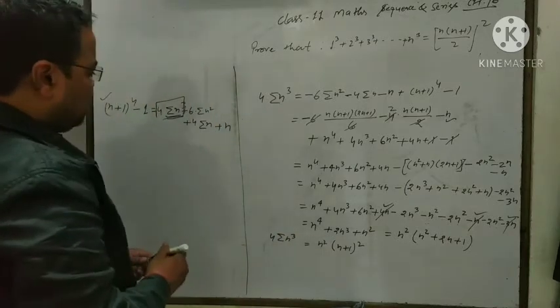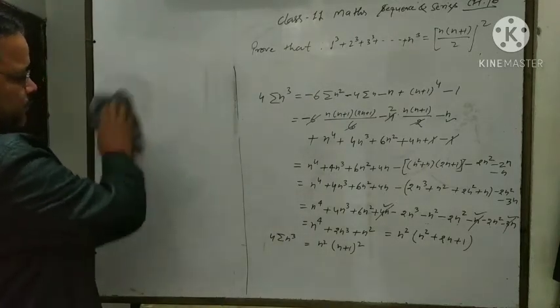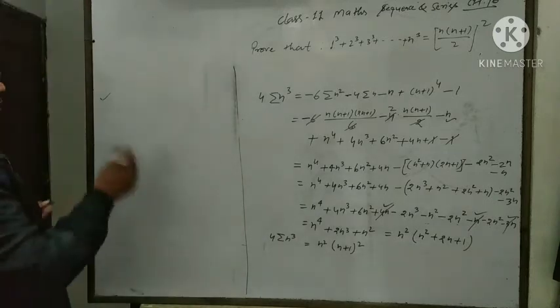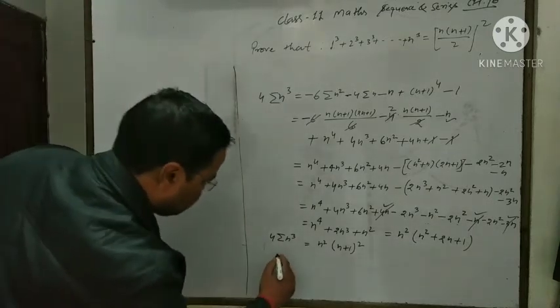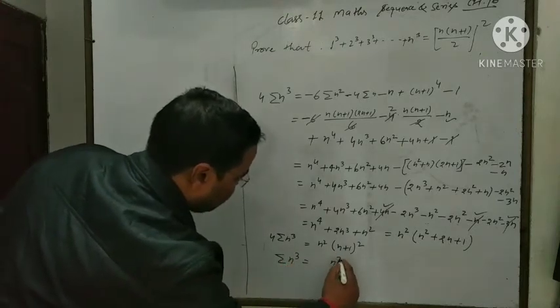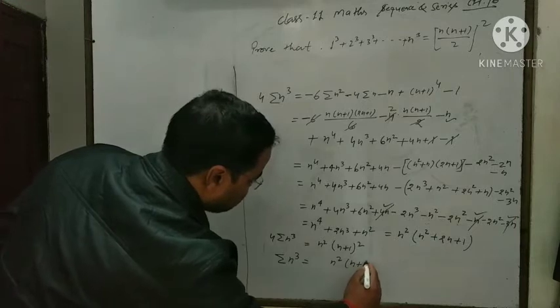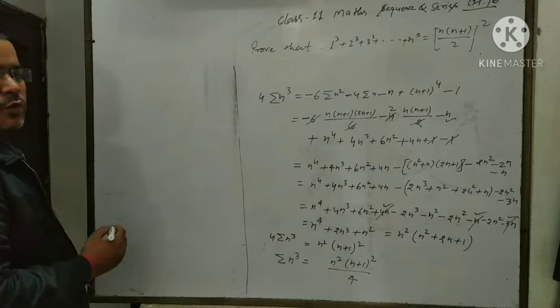Okay. Now let us start from here. Then sigma n cube is what? Sigma n cube is equal to n square into n plus 1 whole square by 4. Okay.